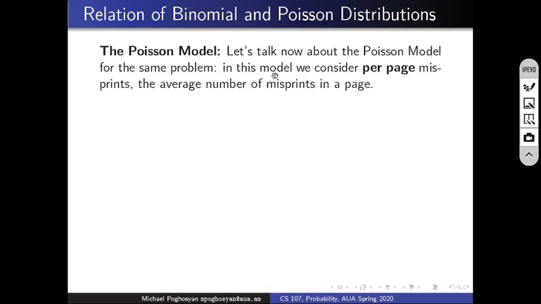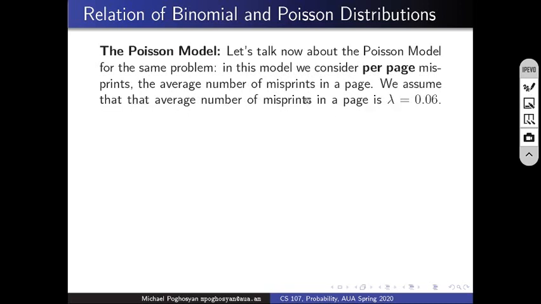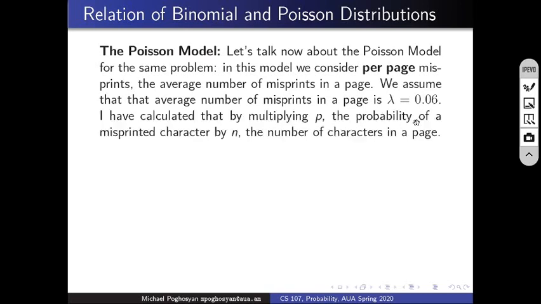Now, in this model, we are considering per page misprints, the average number of misprints in a page. So we will assume that the average number of misprints in a page is 0.06. Why am I assuming this, where is this coming from?